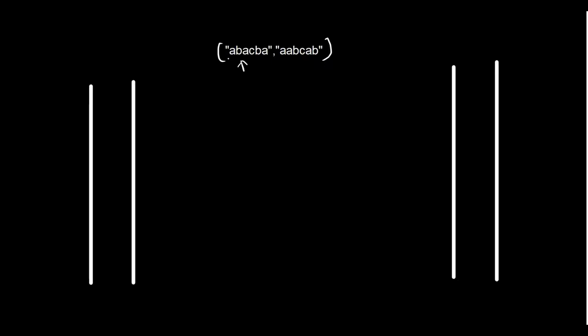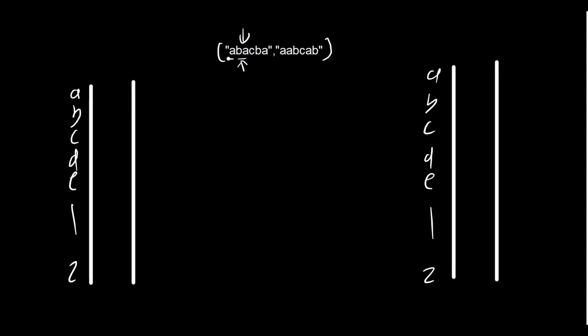We'll capture how many times we get a, how many times we get b, and note it down in an integer array. Let's suppose these are the indexes from a to z. How we turn a character into an index we'll see in the code, but let's focus now on this approach.